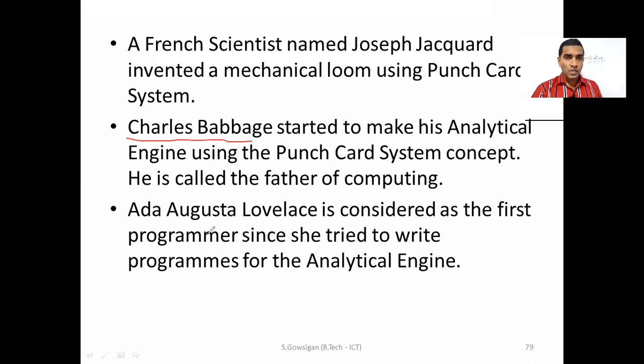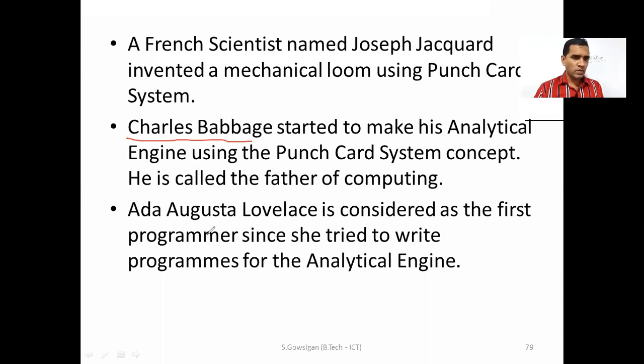So hardware is important, yes. At the same time, you need some programs. So this lady helped Charles Babbage by writing programs. She wrote programs which could be run on Charles Babbage's machines. Have you understood? So that may be the reason why she was called the first ever computer programmer.